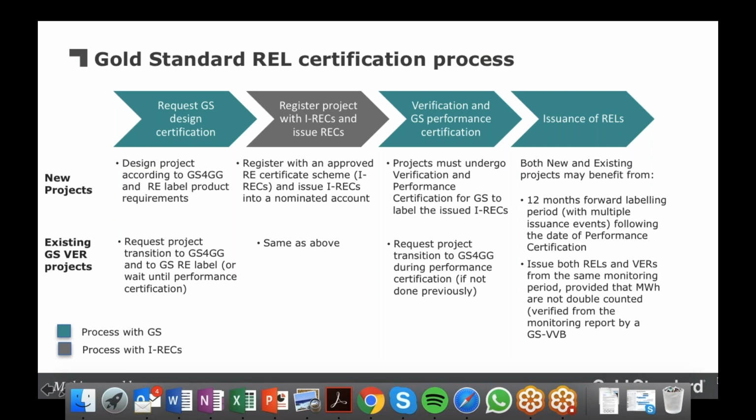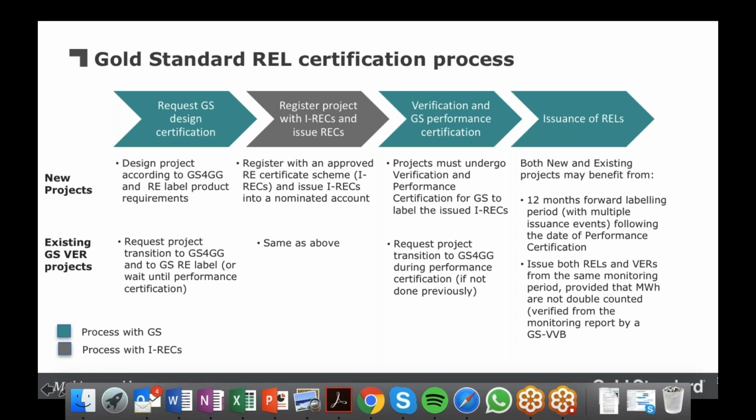So we will just label the additional attributes that relate to our standard, and we allow both new and existing projects to issue the labels retroactively, but also to be able to issue the labels for the subsequent 12 months after a performance verification takes place.